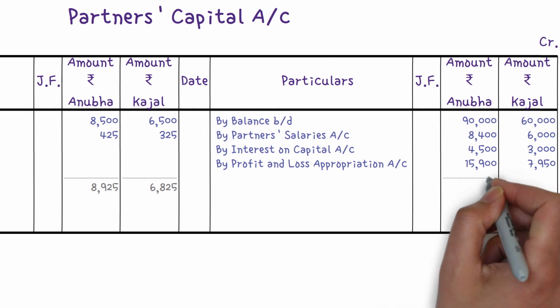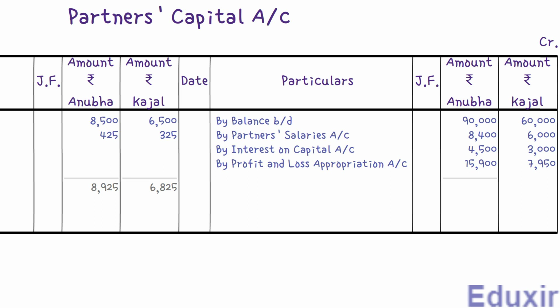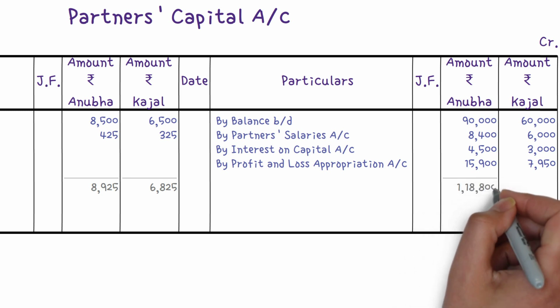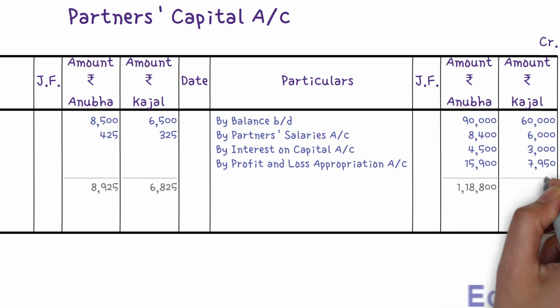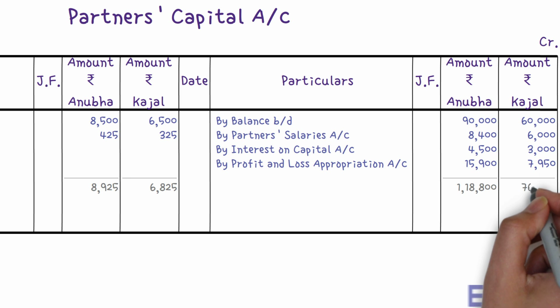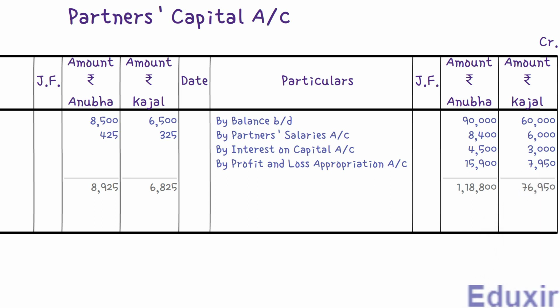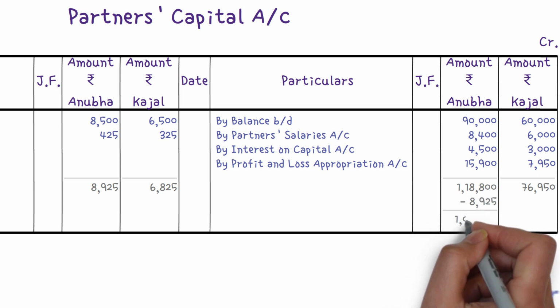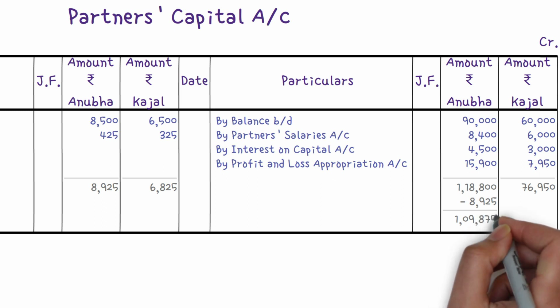Similarly, the total on the credit side of the partner's capital account for the partner Anubha is 1,18,800 rupees. Similarly, the total on the credit side for the partner Kajal is 76,950 rupees. From the total on the credit side for the partner Anubha, which is 1,18,800 rupees, if we subtract the total on the debit side, which is 8,925 rupees, we get 1,09,875 rupees.